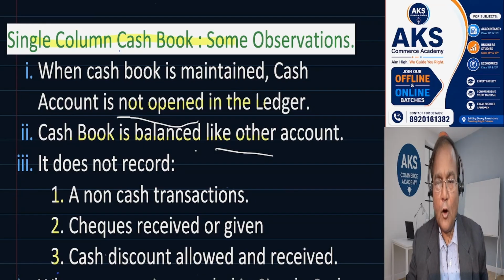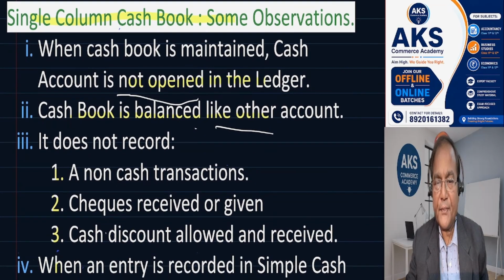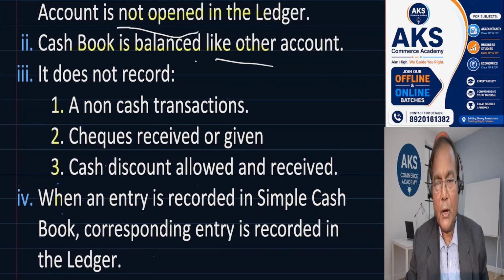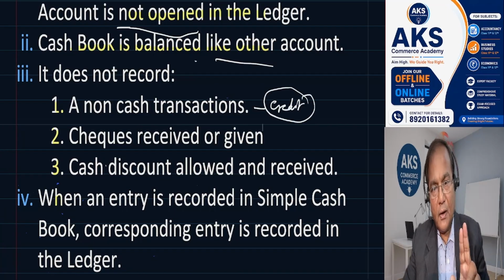It does not record a non-cash transaction. A non-cash transaction, if it is a credit one, gets entered in the subsidiary book, if a specific subsidiary book is maintained, for example purchases, sales, bills receivable, bills payable.